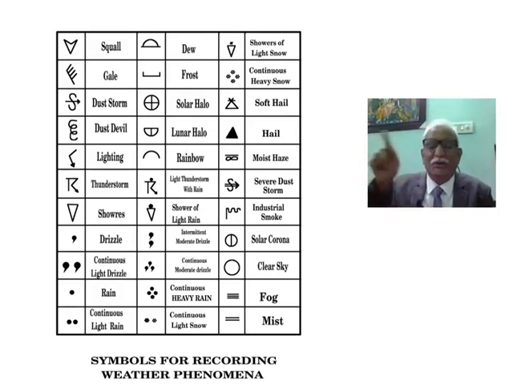A zero is clear sky, two lines are mist, three lines are fog. A dot is rain, and a comma-like symbol is drizzle, with vertical commas for continuous light rain. Lightning is an arrow. Dew is written like an inverted D, if you write D like this, it is dew. Hail is a triangle with black fill. So these are the synoptic symbols.